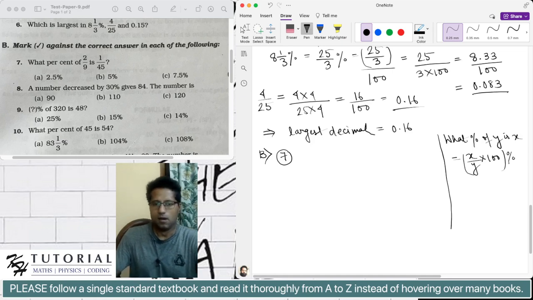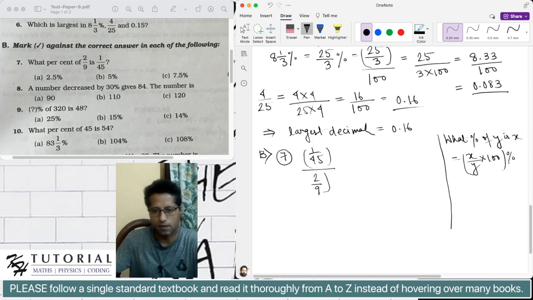So it is asking what percent of 2 by 9 is 1 by 45. So the answer will be 1 by 45 divided by 2 by 9, and this whole multiplied by 100, this much percentage. Now if we simplify, we get 9 multiplied by 100 divided by 2 multiplied by 45 percentage.